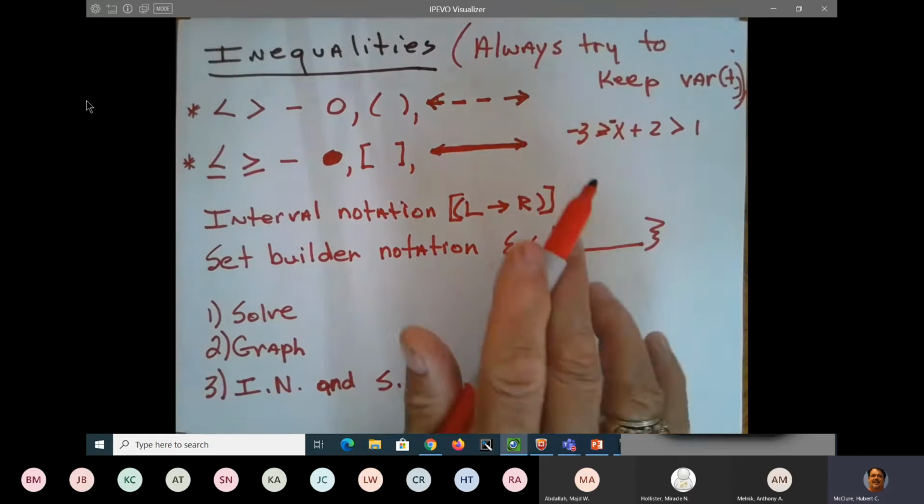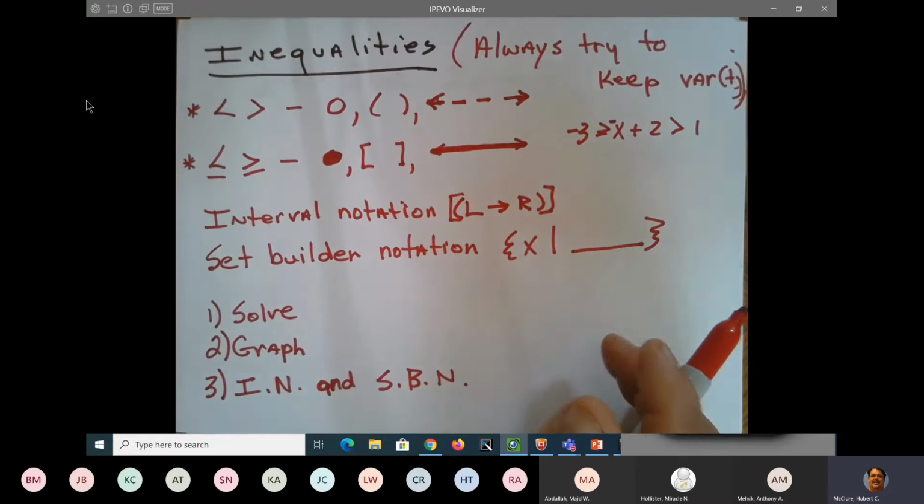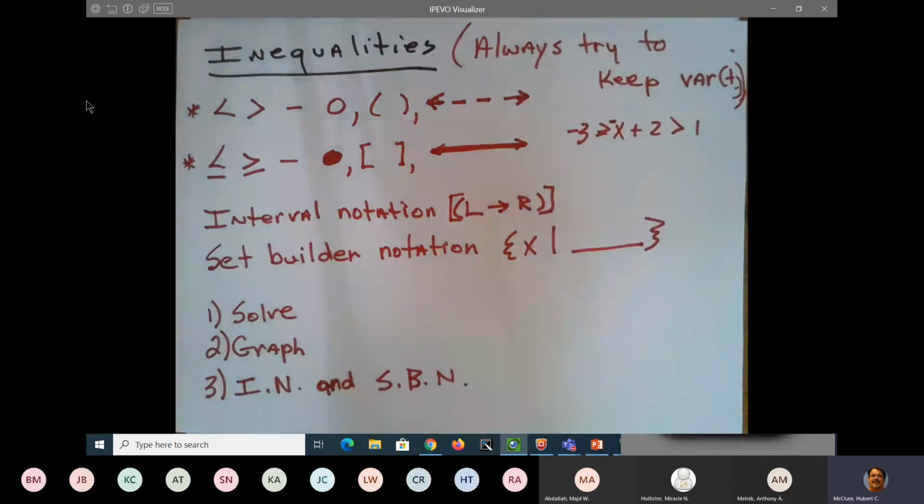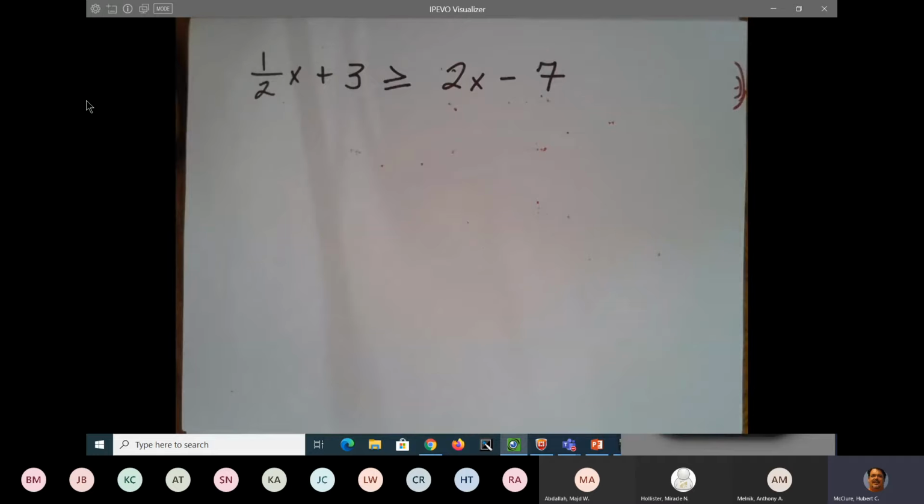But I'm not going to show that until I actually have to come up on one. I always keep my variable positive. Now that's up to you, but I will guarantee you that on a test, if you keep the variable positive, you will miss less inequalities based on careless mistakes, because people always forget to do the last two steps of dividing by a negative and then flipping the inequality. They always forget that. So I just tell students not to have to worry about it unless you have to.